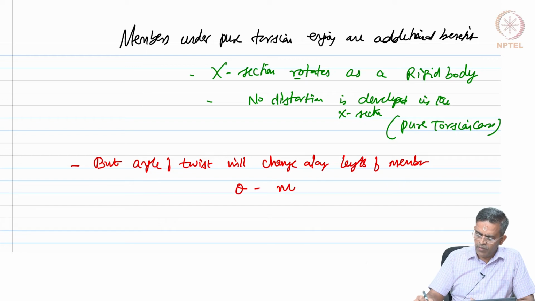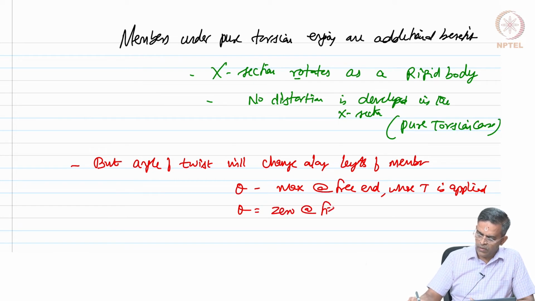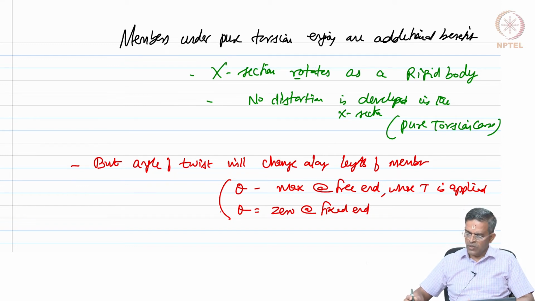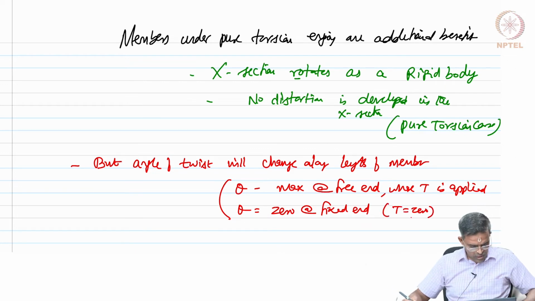Probably theta will be maximum at the free end where T is applied, and theta will be 0 at the fixed end. Okay. So, theta will keep on changing along the length of the member. It keeps on decreasing as the section travels towards the fixed end where the twist is 0. So, we should say theta is maximum where T is maximum, theta 0 where T is 0. There is no twisting moment at the end.